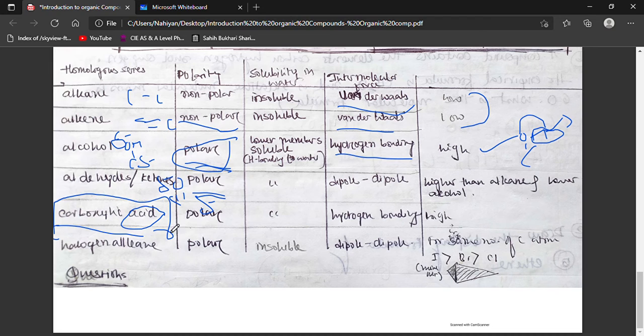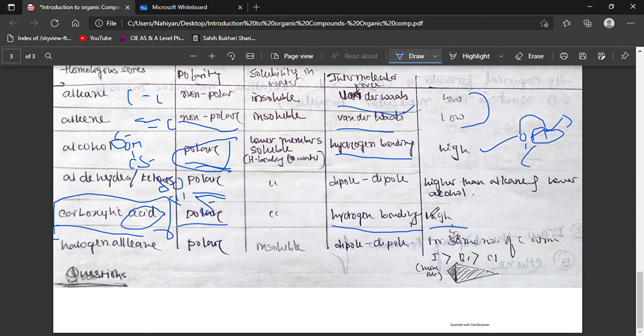Having oxygens and other bonds, it is also polar and can do hydrogen bonding, and the reactivity is quite high compared to alkanes and alkenes. The reactions are pretty similar to those of any acids, like acid plus metal. You know what happens, so that is the same kind of reaction it can undergo.